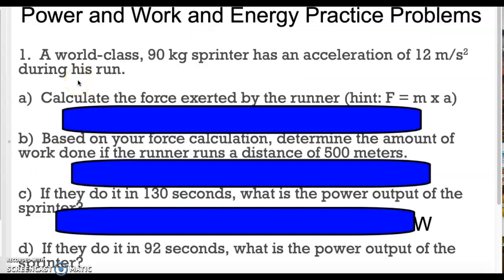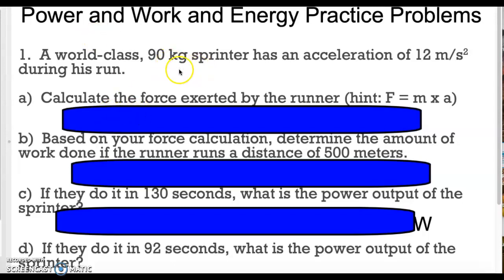Okay, we're going to do these step by step. Number 1 says a world-class 90 kilogram sprinter has an acceleration of 12 meters per second squared during his run. Well, we have a mass number and we have an acceleration number. We don't have force, so we first have to calculate force. We learned about force in the last unit: force equals mass times acceleration.